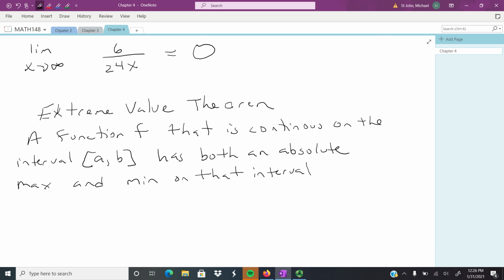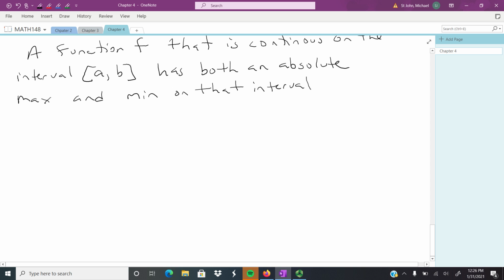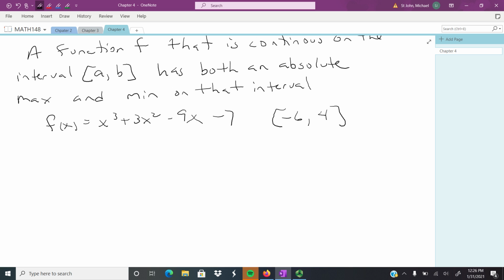Right. So let's do this example. Let's say f of x is given to be x cubed plus 3x squared minus 9x minus 7, and my interval is from -6 to 4. So what this says that we need to do is we first want to evaluate at the endpoint.